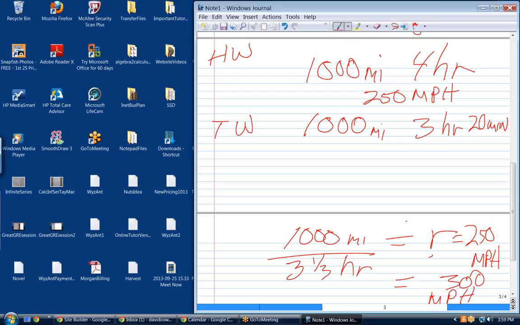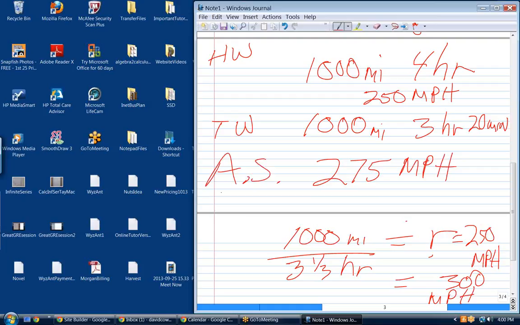Its airspeed is no longer 250 miles per hour, because airspeed is measured relative to the wind. But the bottom line is if it goes out at 250 miles an hour and comes back at 300 miles an hour, its airspeed is 275 miles per hour, and the wind speed is what?